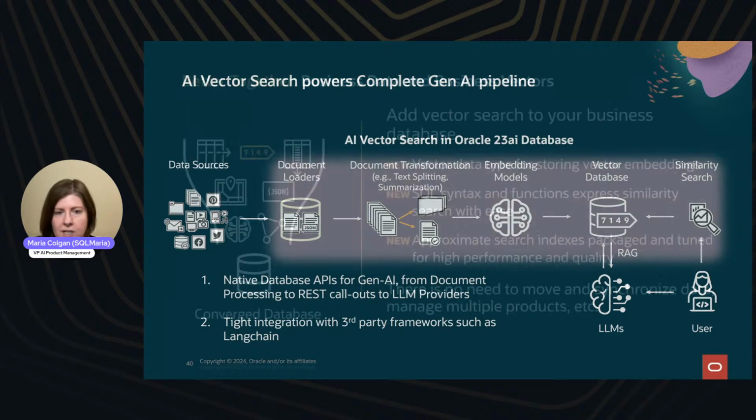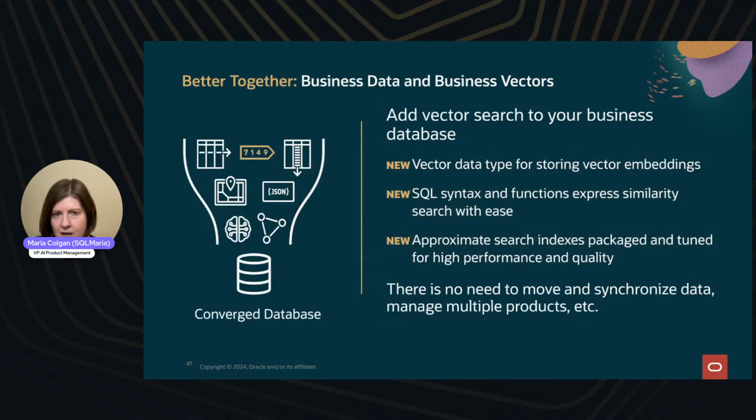In fact, one of the takeaways from our session today is a live lab where we'll show you exactly how that is. And I'll show you how to get to the labs in just a second. But I just want to remind you why we're able to do this: we've added vector data types to the latest generation of the Oracle database, new simple SQL syntax to allow you to be able to do similarity search on those vectors, and then the new indexes to allow you to be able to speed up the access to the vector database.